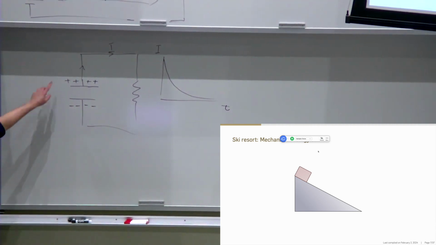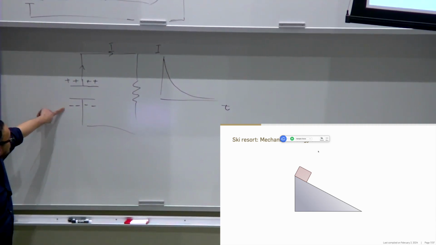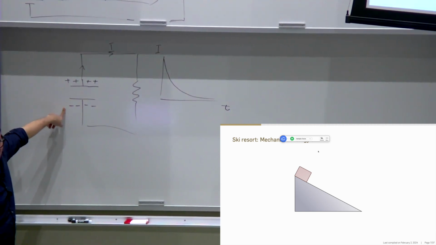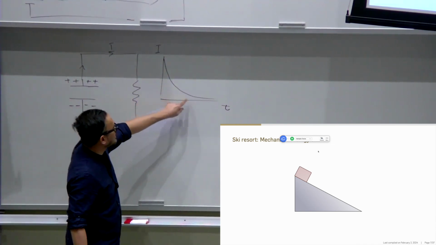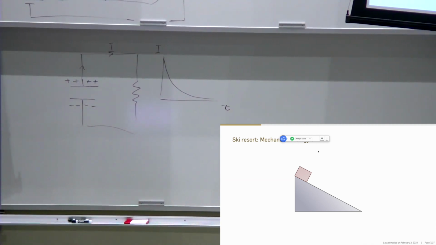How long does it take to completely dissipate these charges? Yeah, infinity. So exponential decay doesn't go to 0, meaning it approaches 0, but it will never reach 0.